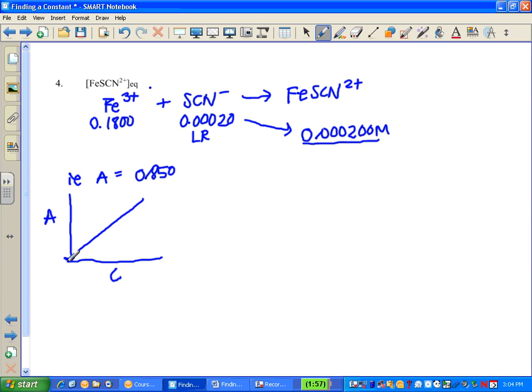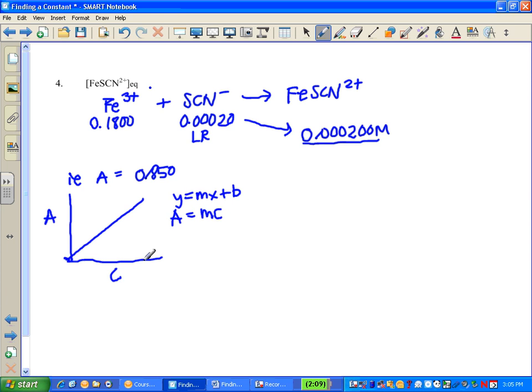The equation for this line is y is equal to mx plus b. If we replace the y and the x with the A and the C, what we essentially have here is that A is equal to the slope times the concentration. My intercept here is 0. So if I know the slope of this line, I'll be able to take any absorbance and determine the concentration of a particular solution.